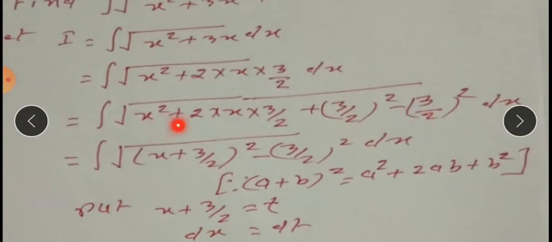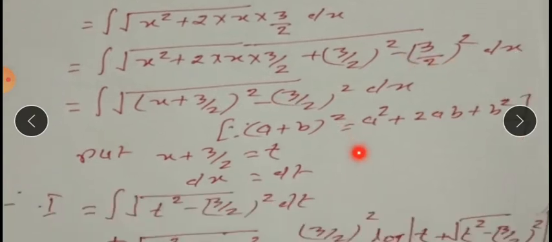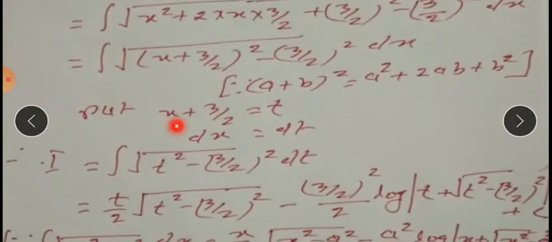These three terms can be written as a plus b whole square using this formula, and this is minus 3 by 2 whole square here. Again consider x plus 3 by 2 equal to t, that is dx is equal to dt. Our question is I equal to the integral of root of t square minus 3 by 2 whole square.